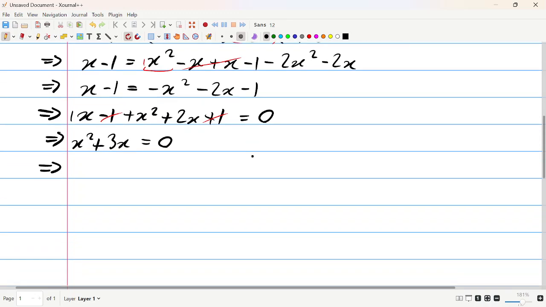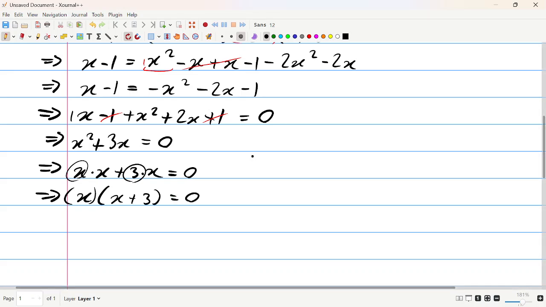And notice that it's not a difference of two squares. There's not anything else. We can break it out into x times x plus 3 times x, where the common factor is going to be x. So we take out x as a common factor, we're left with x and 3, so it's x plus 3.